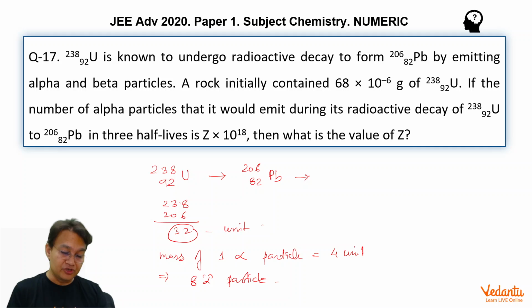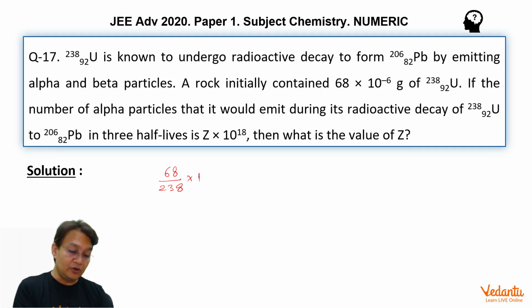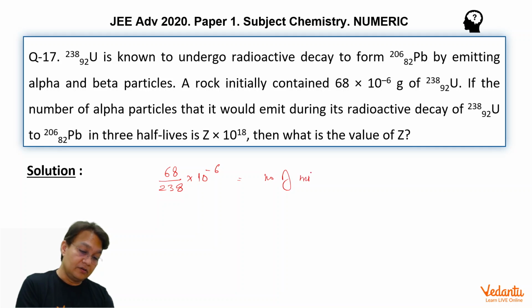We got this information. Next, how many moles of uranium is there? To find out the moles, this is 68 upon 238 into 10 to the power minus 6. This is the number of moles of uranium-238.